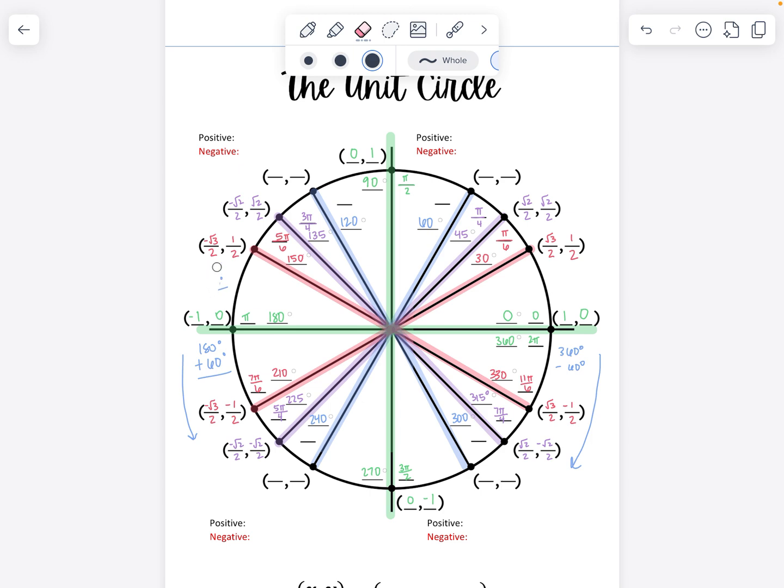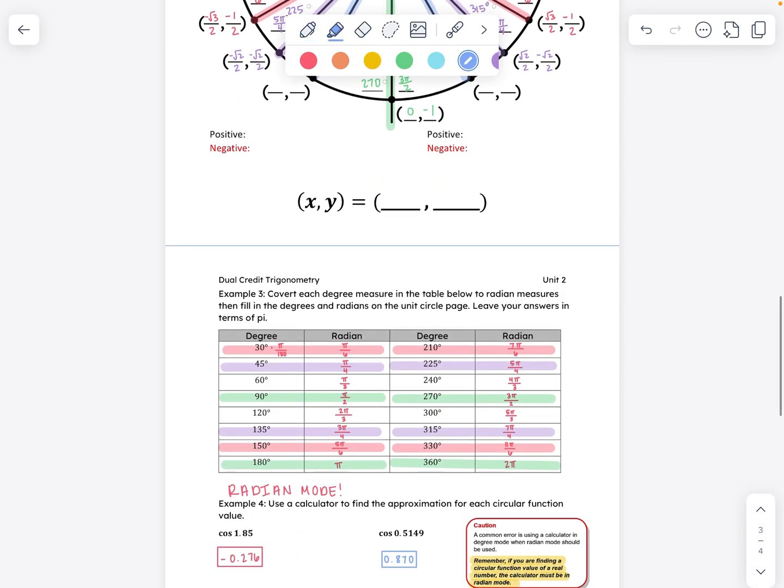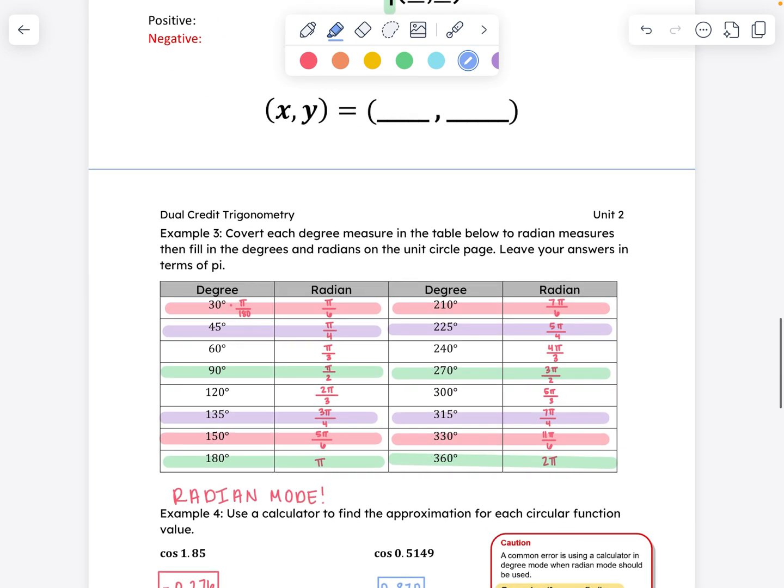And once again, we need to make sure we have our radian measures that match all of that, because degrees is not the only way you can measure an angle. We need to have those radians on there. So I'm going to come and look at that table from our 3.1 notes, and you'll see that the 60, the 120, the 240, and the 300 are the last parts of the table. I didn't just pick those degrees for that table randomly.